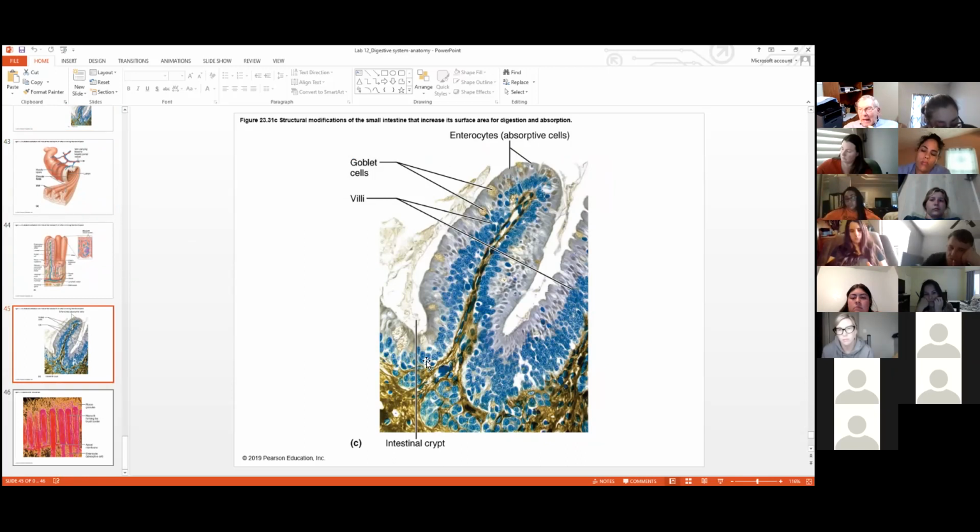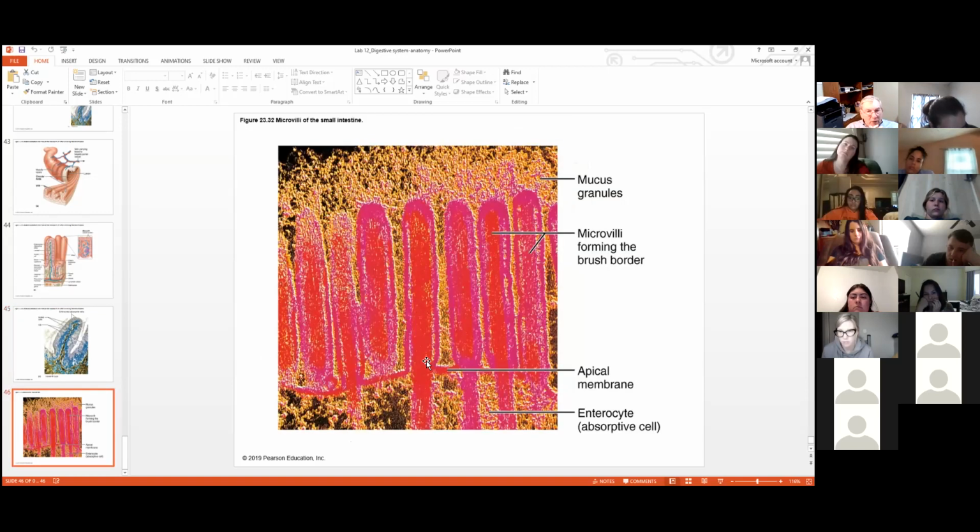These are microvilli. They would be on the cell membrane, remember that. So I could ask a question on this like, what is in this view? And you would say a cell membrane. That's microvilli of a cell membrane.